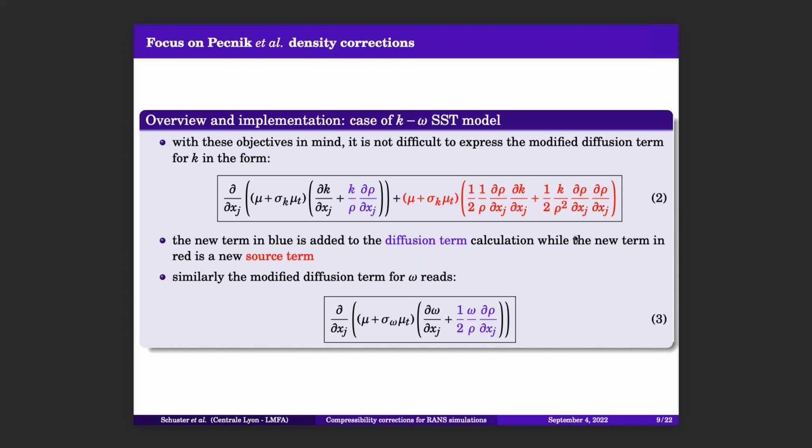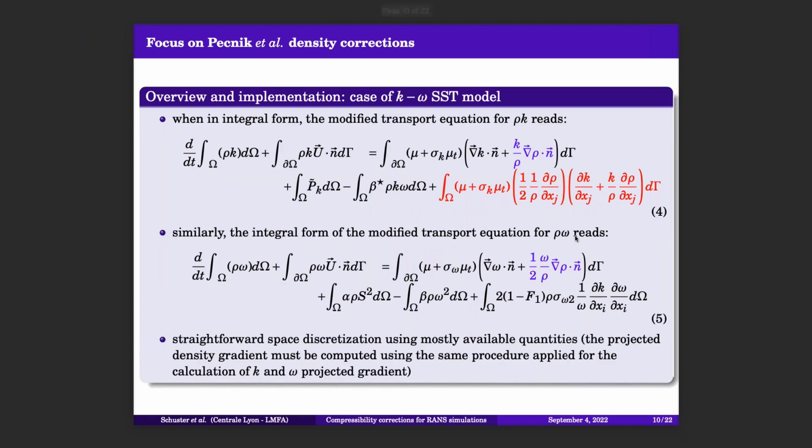Next slide, please. So for the k-omega SST model and to finish on the implementation, of course, you need to take into account the fact that you deal with a finite volume solver. So here I'm just writing the integral form of the conservation laws we need to solve. And what you see is that, of course, the blue terms are just giving you a new contribution to the diffusive flux, and the red terms give you new source terms which you need to compute.